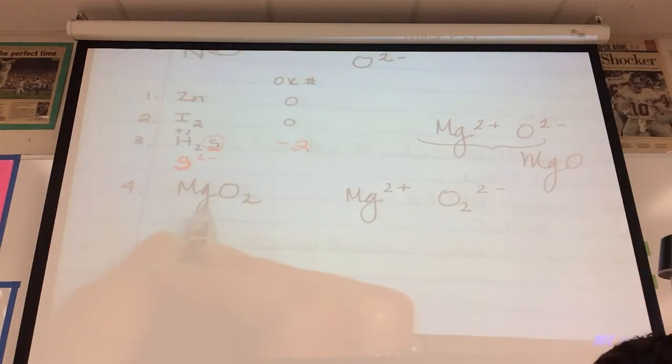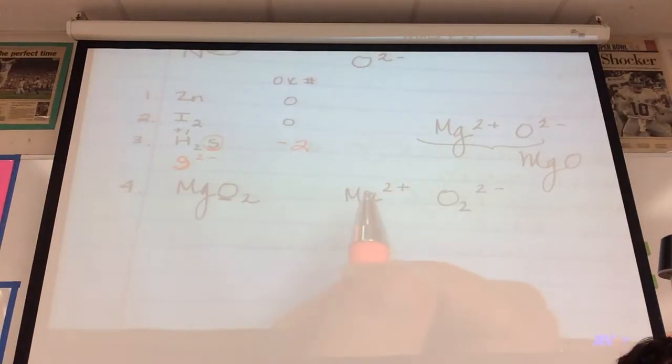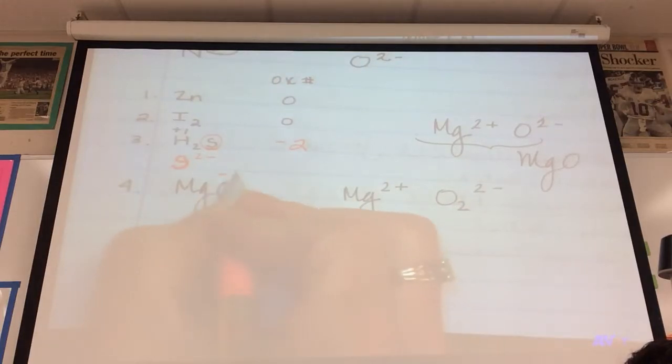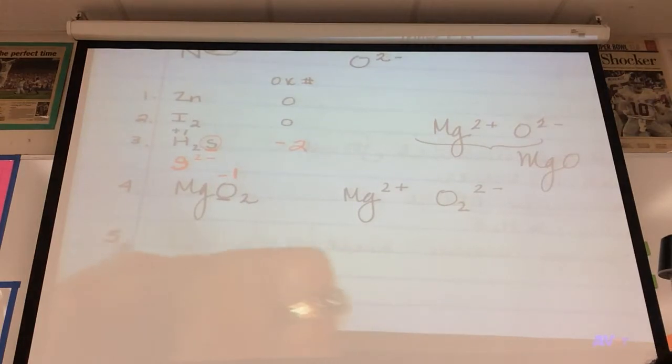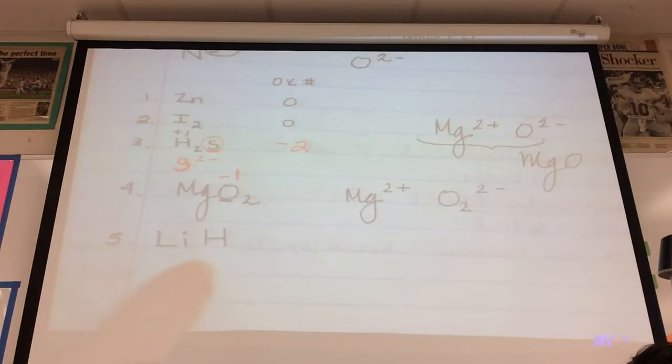I want to know the oxygen in a peroxide. Oxygens are typically -2, but in a peroxide they are -1. Sneaky, sneaky. The next one, why is H not +1 here? This is an example of a hydride.